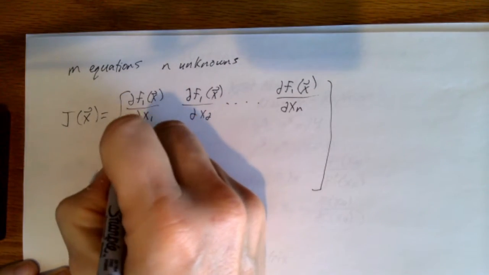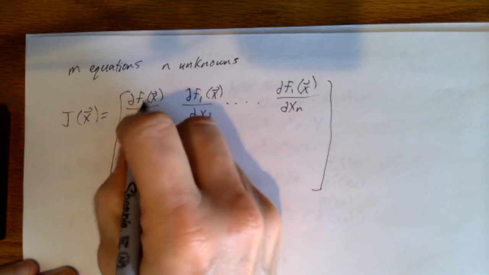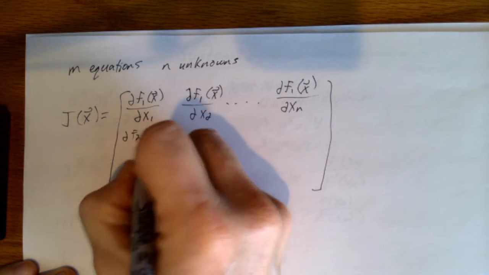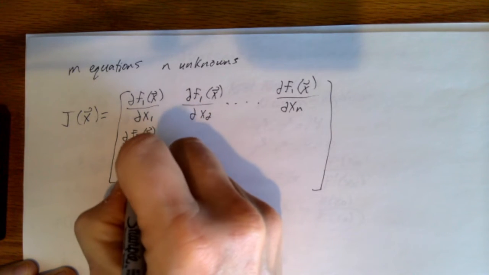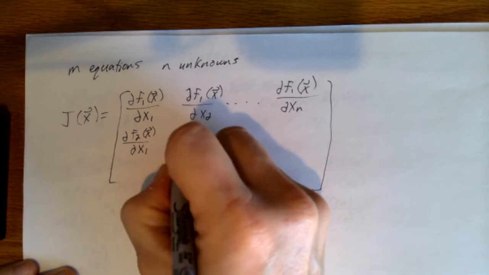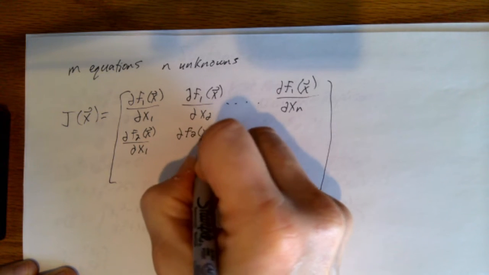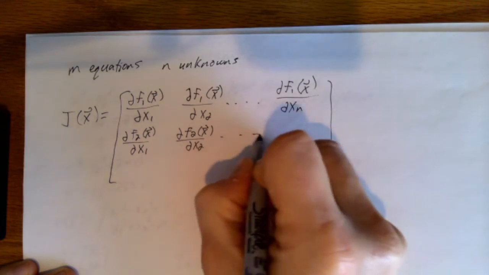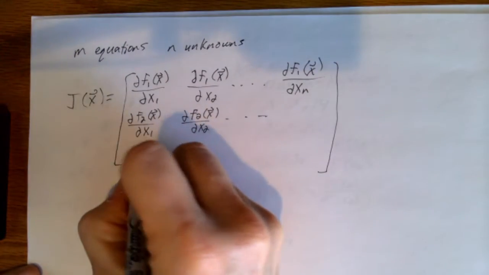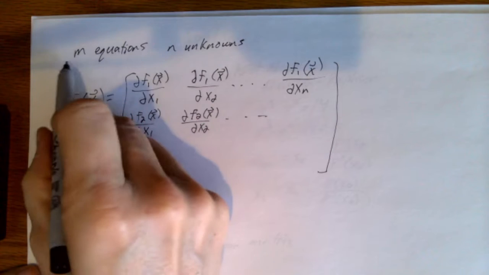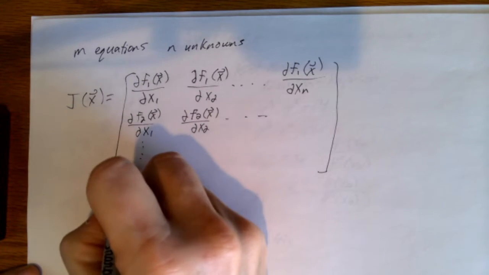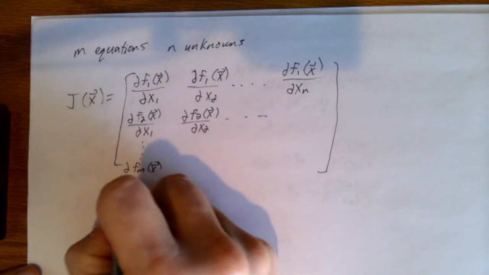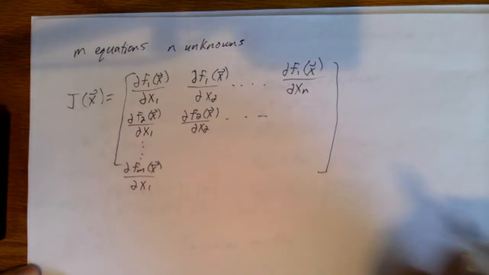And then below that, we're going to take the partial derivative of the second function, f2, with respect to variable x1. Partial derivative of f2 with respect to x2, dot, dot, dot. And we work our way down until we get to the mth function, partial derivative of f sub m with respect to x1.